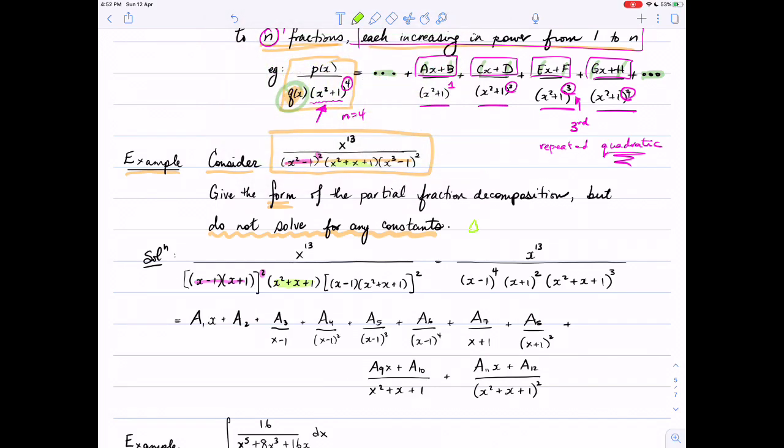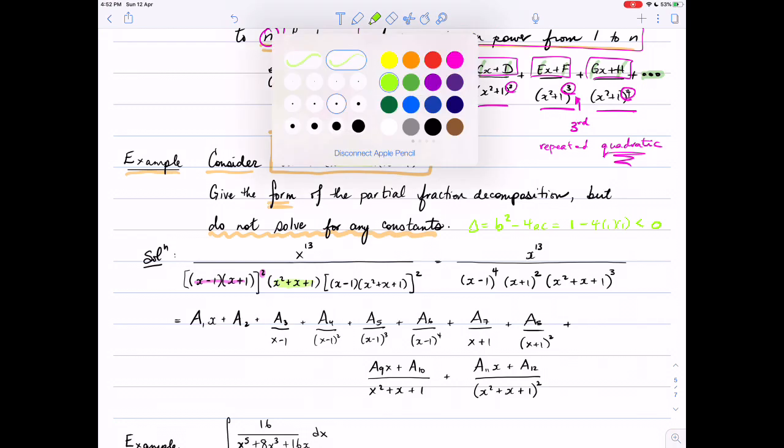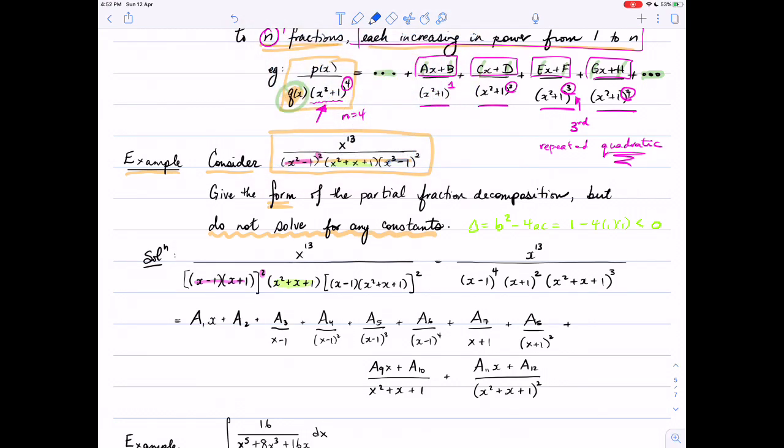The delta is b squared minus 4ac, which is going to give me 1 minus 4 times 1 times 1. That is a negative value. That is an irreducible quadratic. And then over here, x cubed minus 1 factors into x minus 1 times the same x squared plus x plus 1, and I have again left the square on the outside.